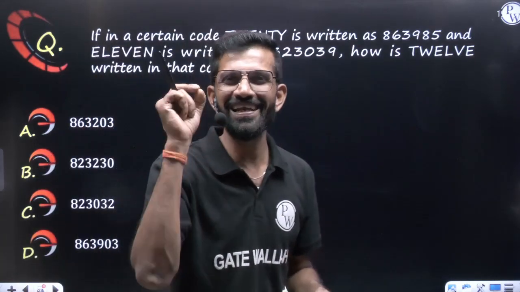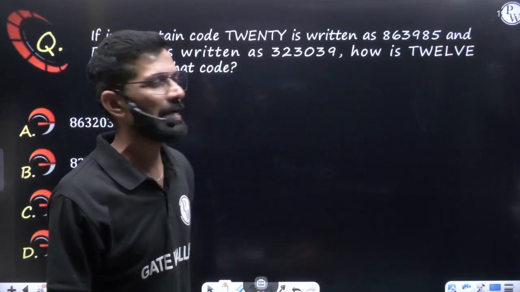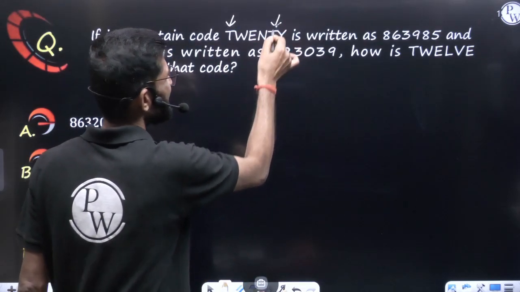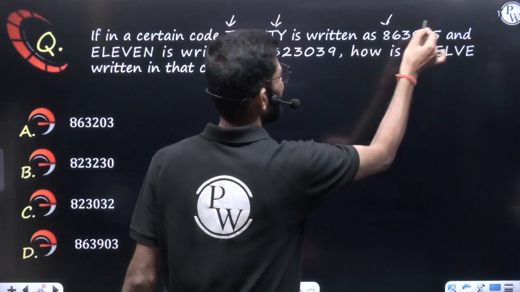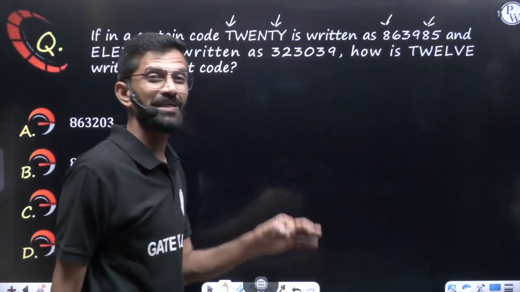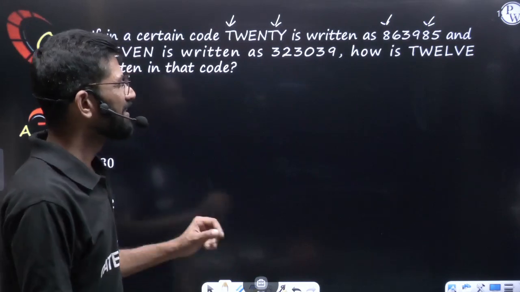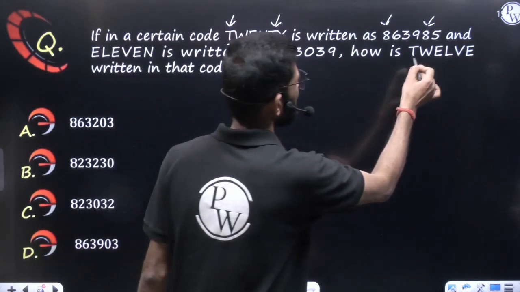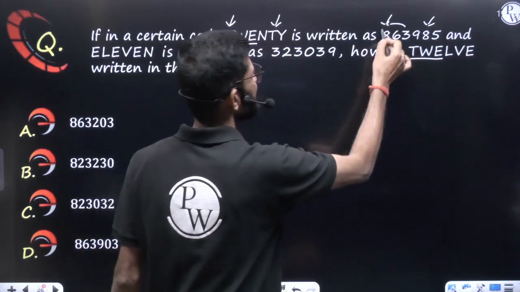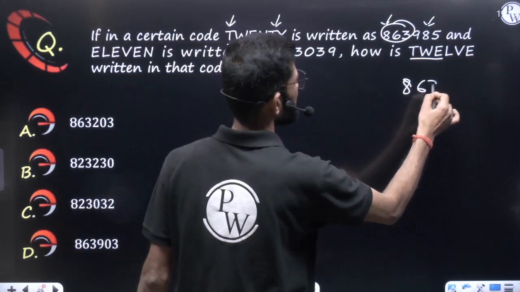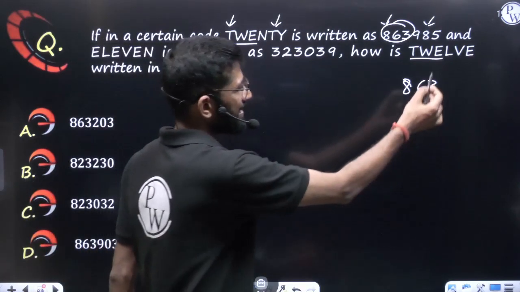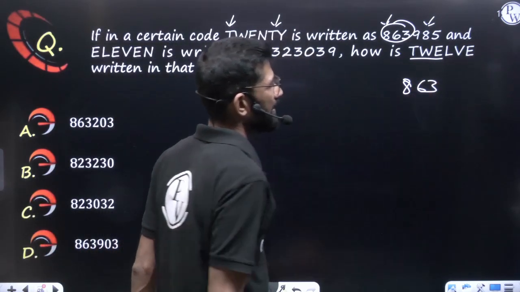For every letter they have substituted one number, because you can see T here and T here, 8 here and 8 here. So they have substituted one number for every alphabet. TWE, what is it? 863. So, you got the code 863 directly. First 3 letters done. Now, in 12, the next 3 letters are LVE.